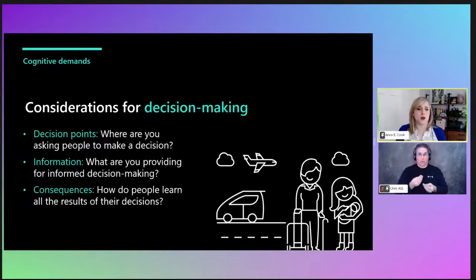We need to understand what information a person needs to decide and where they can get that information. People need to have clarity on the potential consequences of their decisions, and we need to consider how information gathering to make informed decisions varies, and what content we need to create to support that.